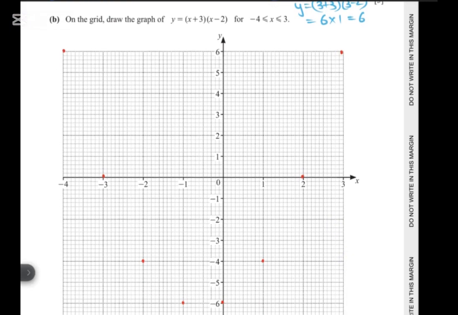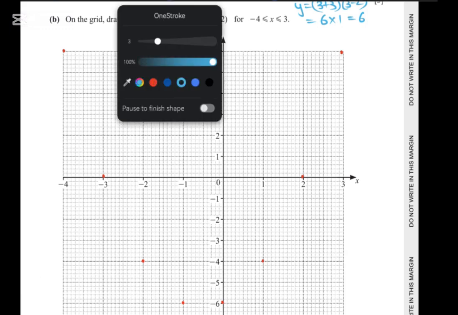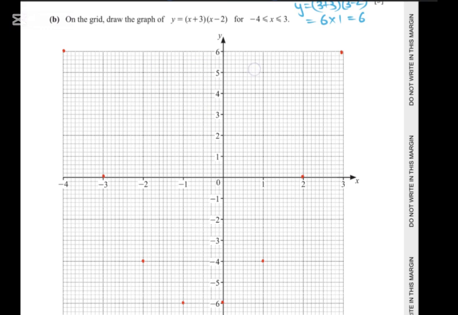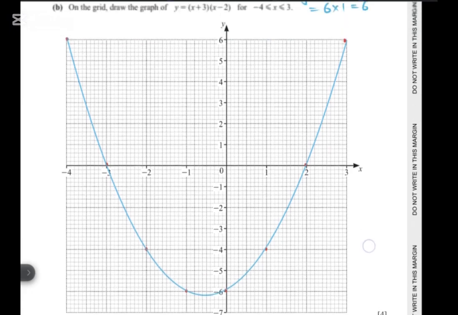Join them using a curve. Like this, you get a curve. So this is the graph question done.